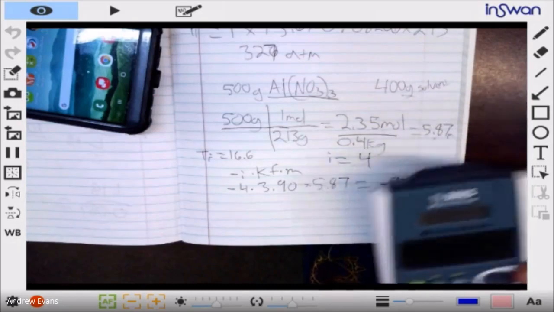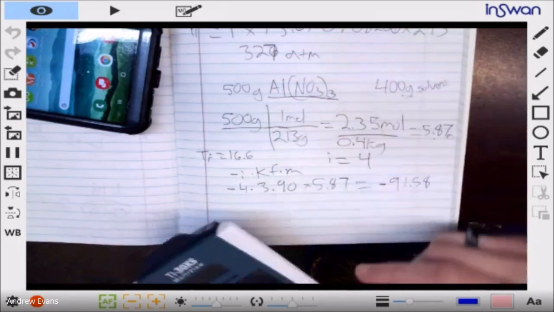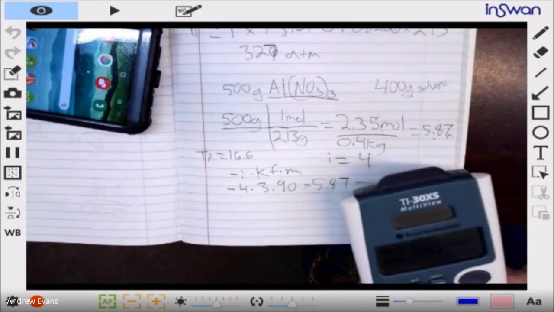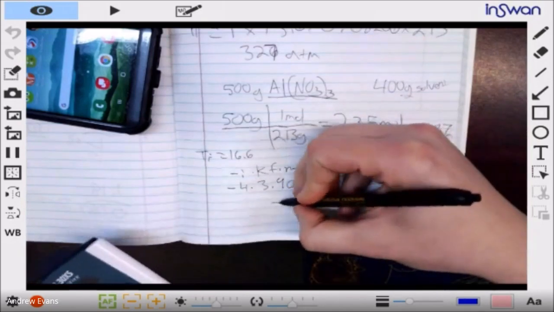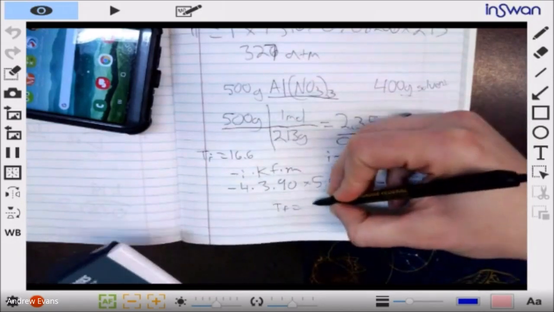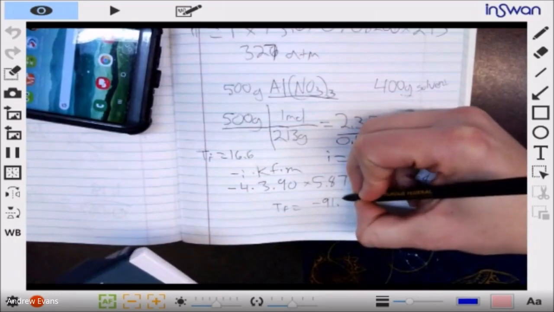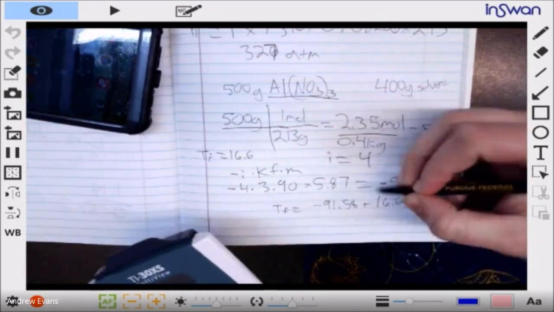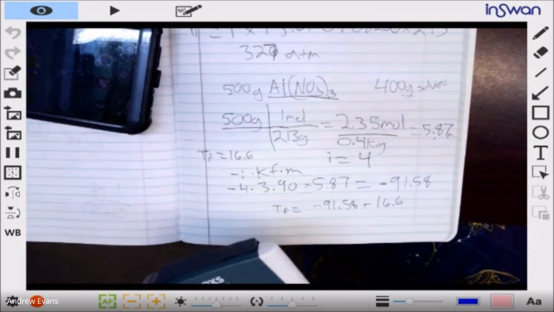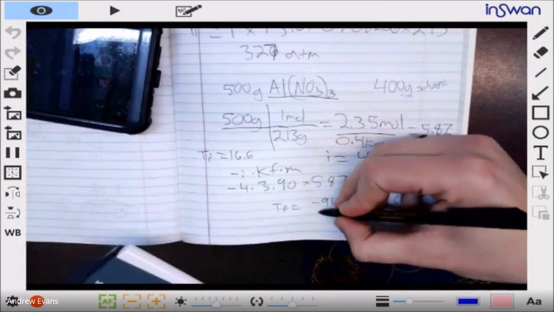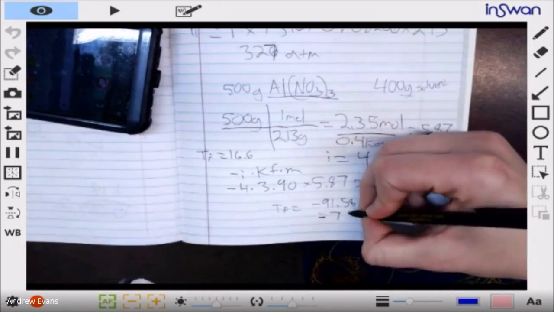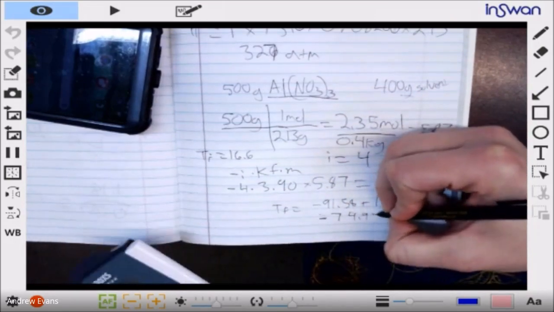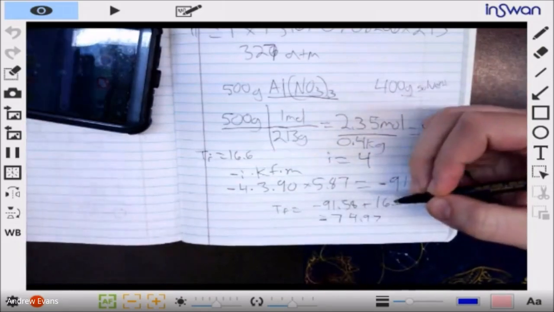Since the initial freezing point is 16.6, what does that mean? TF is going to be negative 91.58 plus 16.6. So the new freezing point is negative 74.97, or essentially negative 75 degrees.